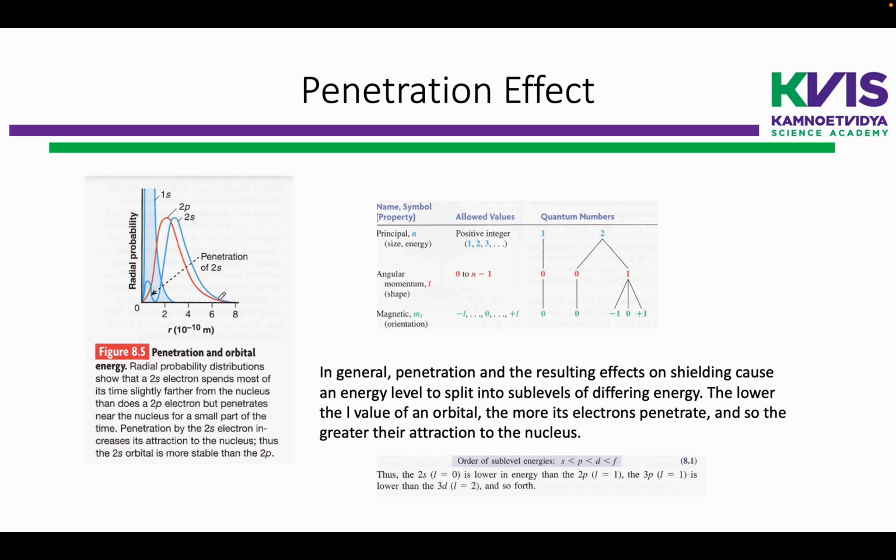Meaning, if I were to arrange these energy levels along the energy axis, you will fill the 2s first before you fill the 2p orbital. This is called the penetration effect. The ordering of the orbitals along the energy axis depends on how close the radial distribution function penetrates to the nucleus. You'll see this in more detail when we look at electron configuration.